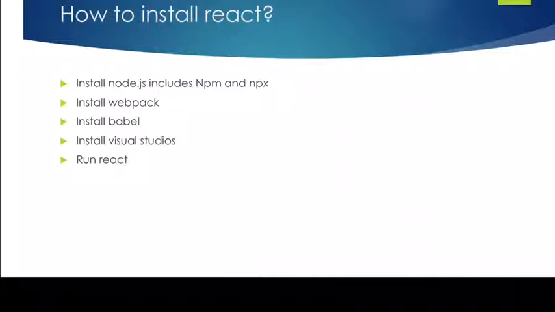So the next thing you want to download is a software called Webpack. What Webpack is, it's literally a compiler that puts all the different React modules together. The reason why you need this is in situations where maybe the module you have right now doesn't have certain features, but another module has it.